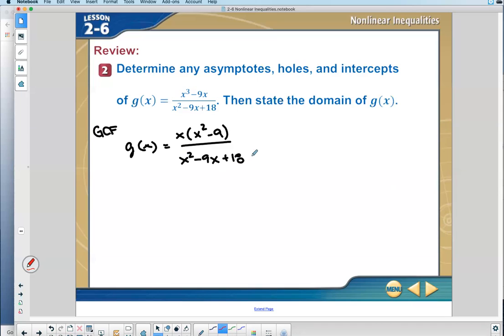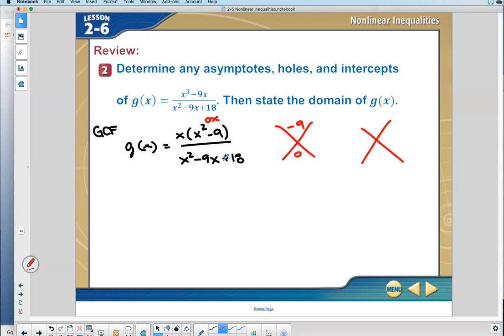And so I'm going to X method these. I'm going to do both the top parenthesis and the bottom. Now the top parenthesis, I have an x squared, I have a 9, but I'm missing the x term. So I'm going to say I have a 0x there. So for this one, a times c is negative 9. My b is 0.